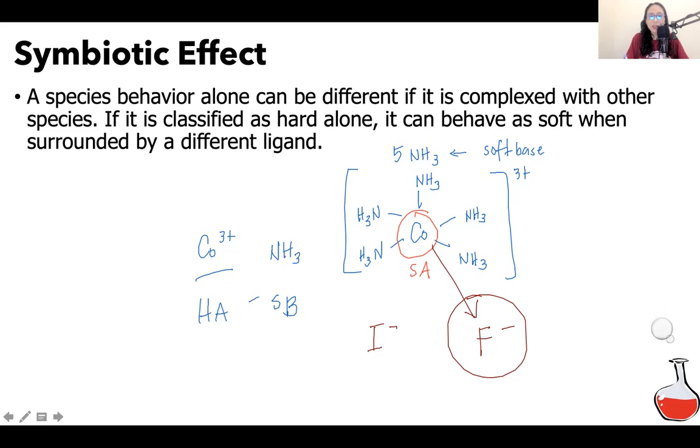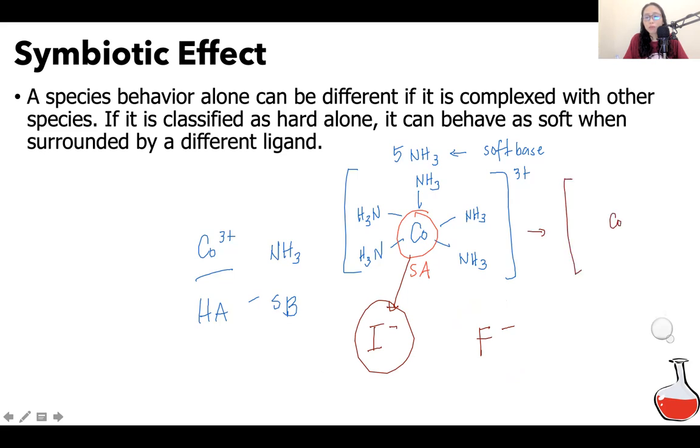But actually, there is a symbiotic effect. So cobalt in this complex now acts as a soft acid. So instead of interacting with fluoride ion, it will actually interact with the iodide ion, forming another complex.